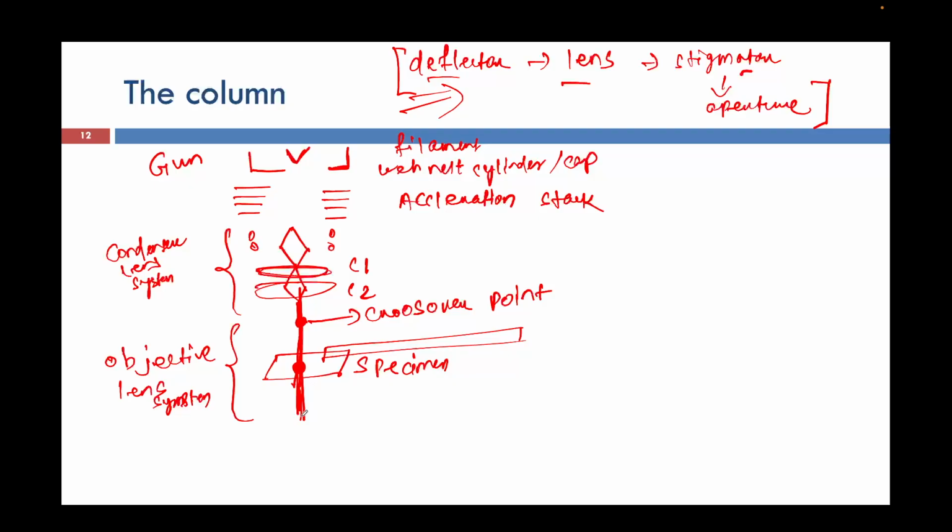What is the purpose of this condenser lens system? The purpose of the condenser lens system is to focus the electron beam onto the sample as much as possible. If I am talking about the objective lens system, here I will give the deflector, lens, aperture and all the other things.